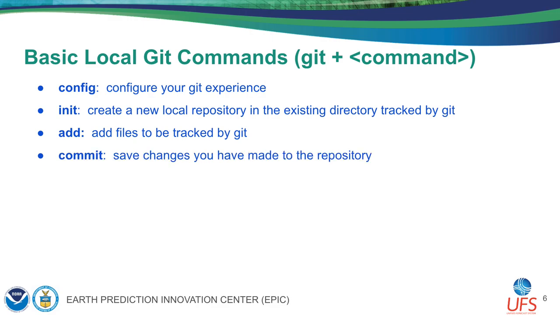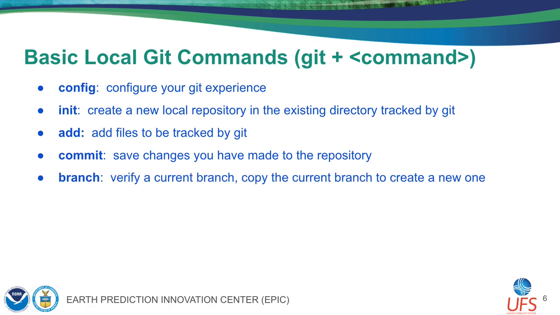git commit is the way you save changes that you made to the repository, and you may specify what type of changes you have done. git branch is, again, a command that can let you know what current branch you are working on, and it also can copy the current branch and create a new one.